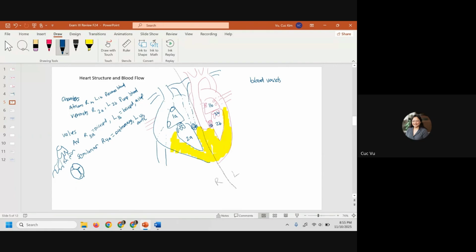Okay. So with blood vessels, you have this one. I'm going to name 5A and 5B. What's that called? 5A is superior vena cava. So these are your vena cavas.